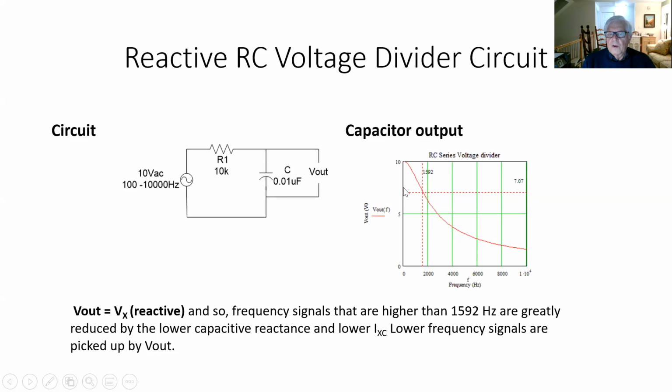So the output then decreases because the output voltage is equal to the current times the capacitive reactance. And as the capacitive reactance decreases at higher frequencies, okay, we get a lower output.